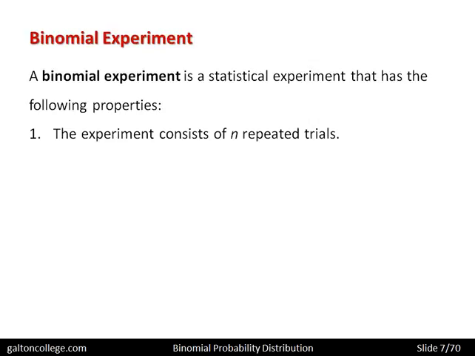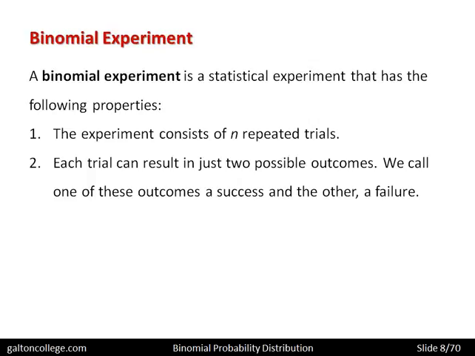And out of this process of performing it over and over, the associated probabilities can be computed and outcomes can be calculated. Each trial can result in just two possible outcomes. We call one of these the success and the other is the failure. So there are just two possible outcomes to a binomial experiment: pass or fail.